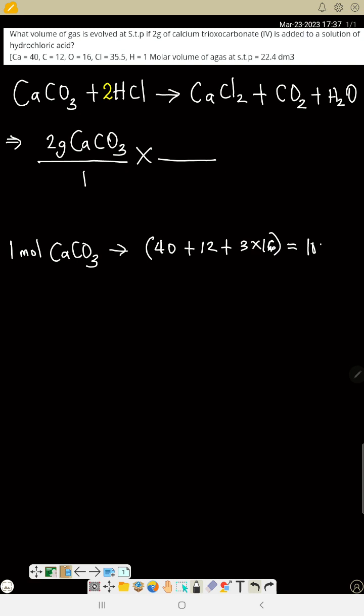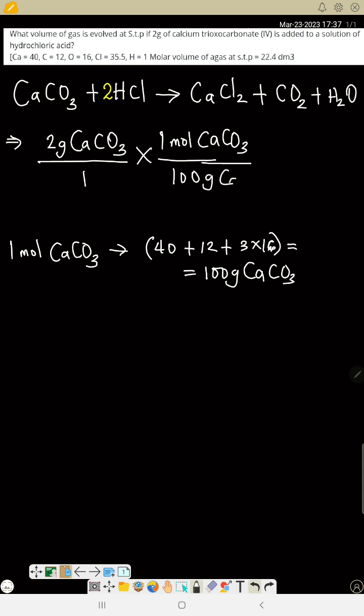So 1 mole of CaCO3 will give 100 gram of CaCO3, so the gram of CaCO3 will cancel out there.